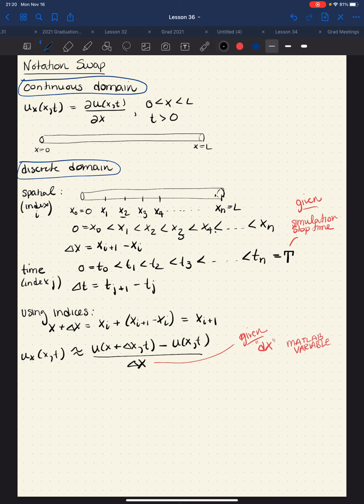So now let's write this difference quotient, this forward difference derivative in x, in this index notation. This is completely equivalent, and I will write u_x at x sub i, t sub j, the current values of x and t.